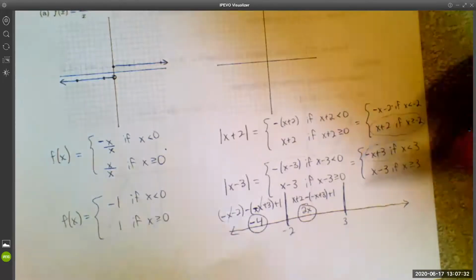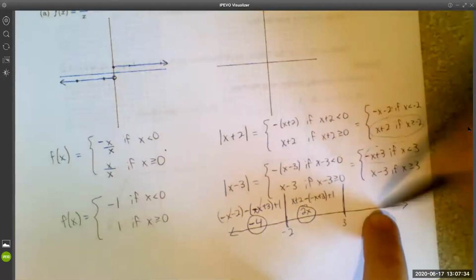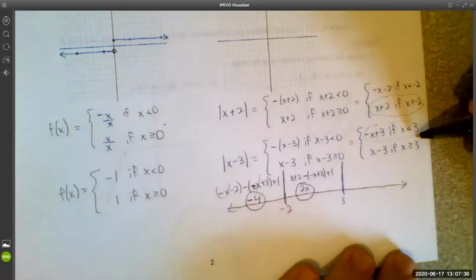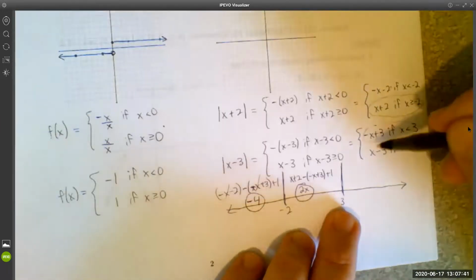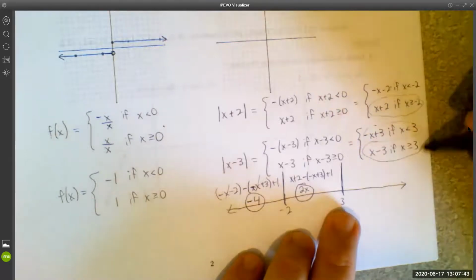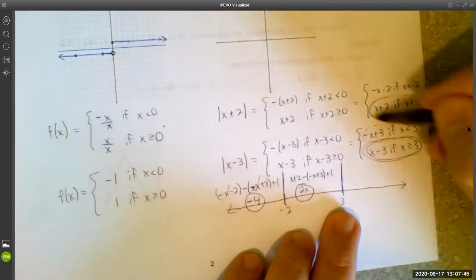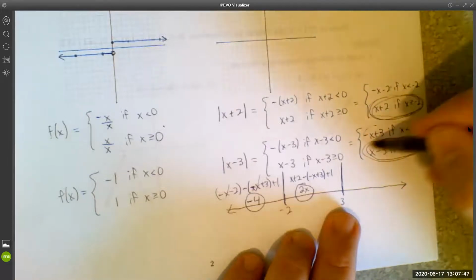Okay. And then finally, in this third region, x is greater than or equal to negative 2, but x is also greater than or equal to 3. So now we're going to be using the bottom rules in both cases.